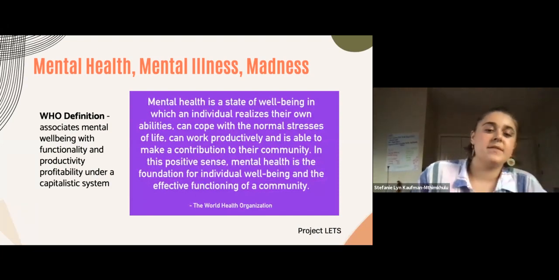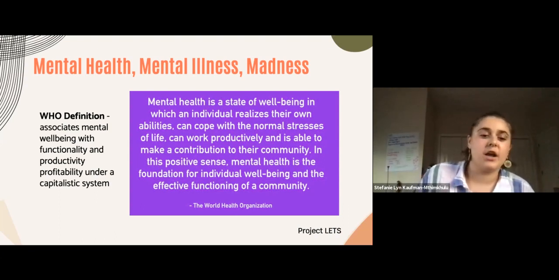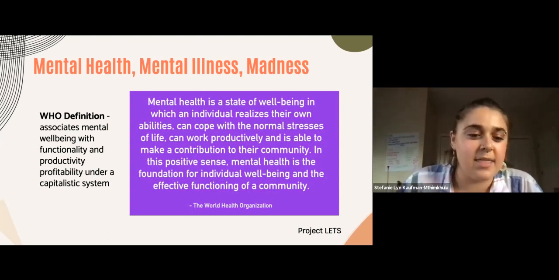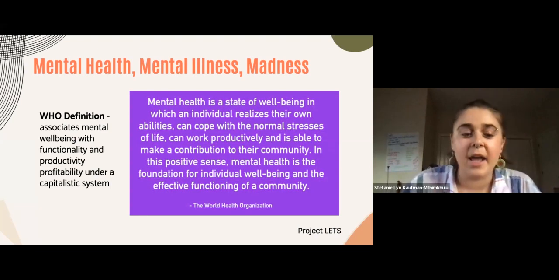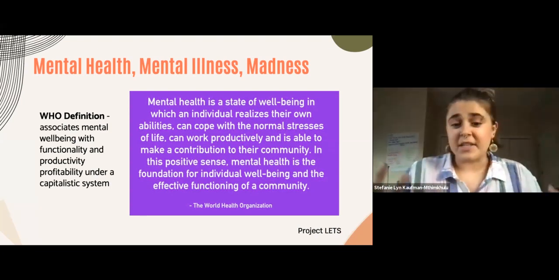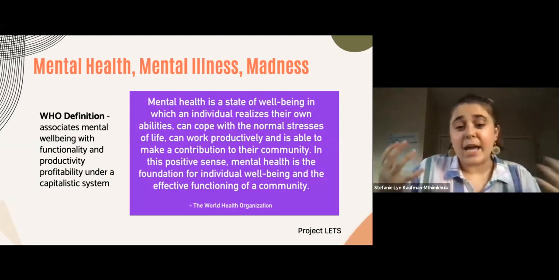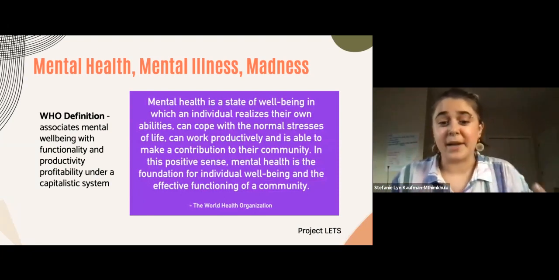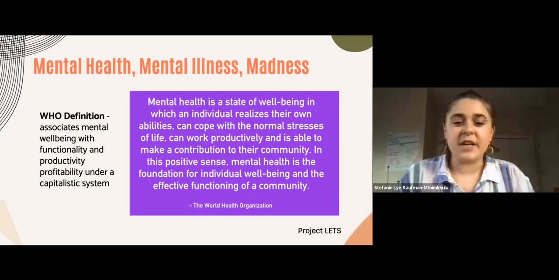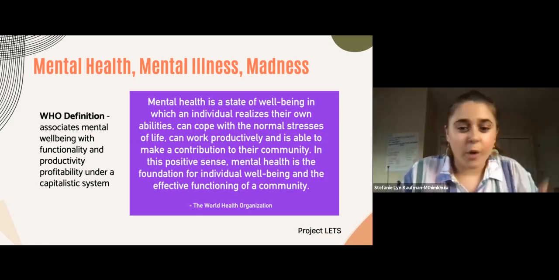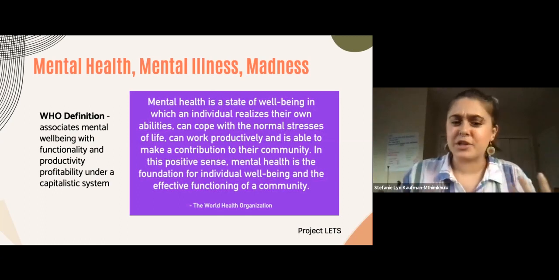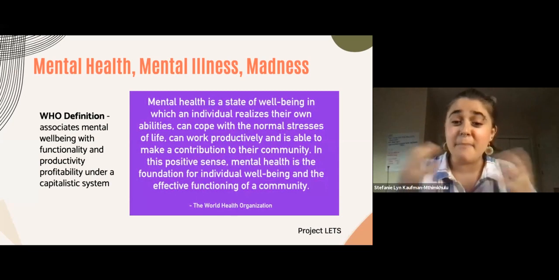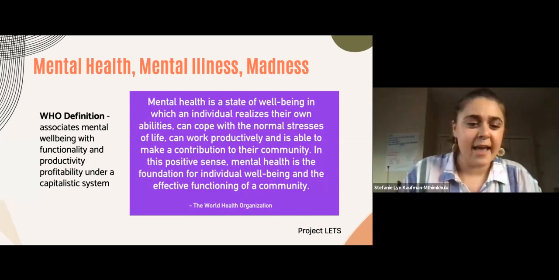In this positive sense, mental health is the foundation for individual well-being and the effective functioning of a community. And when I'm teaching about this definition, I often say it reads like an ad for capitalism, right? It's all about the individual being able to work and produce and contribute something, and very little about actually how we feel, which I think is a pretty glaring miss from the definition.